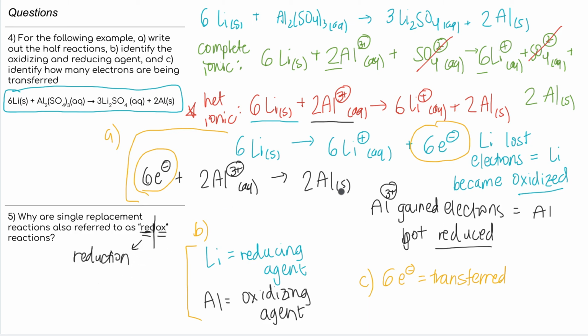And so that was the process of aluminum getting reduced and then forming just a solid aluminum. And then the OX part is referring to a process of oxidation, which in this case involved lithium becoming oxidized, because it was losing electrons. And so that's why we use the term redox to describe a reaction where electrons are being transferred, and in this case it's between 2 different metals.